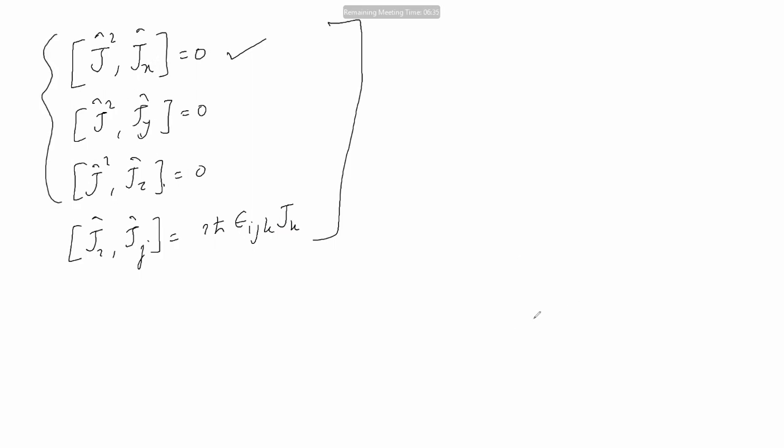Therefore, traditionally one takes J square and Jz to be represented simultaneously by a joint eigenstate, and that joint eigenstate generally is represented by alpha beta.